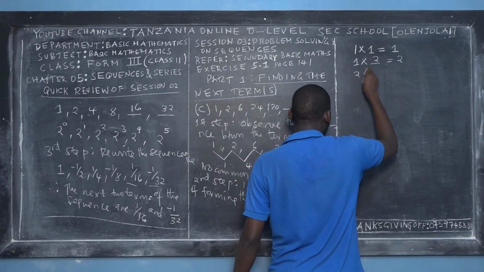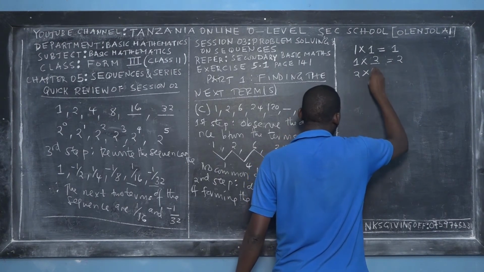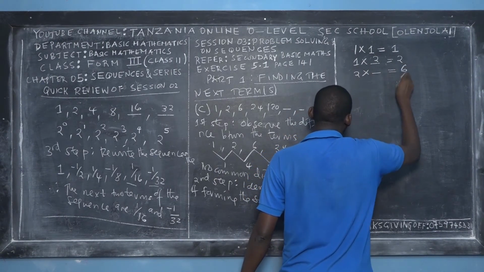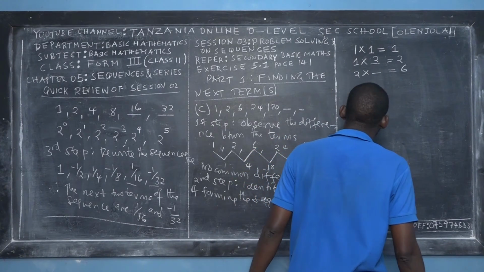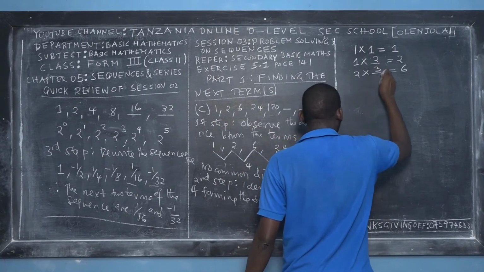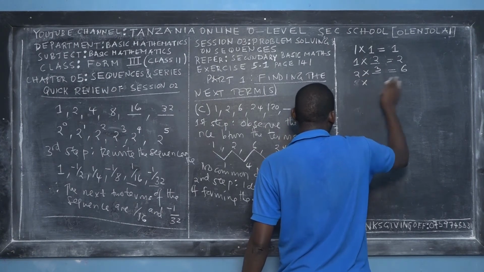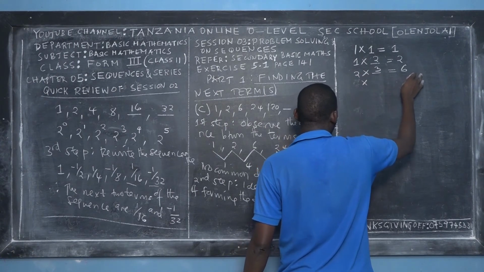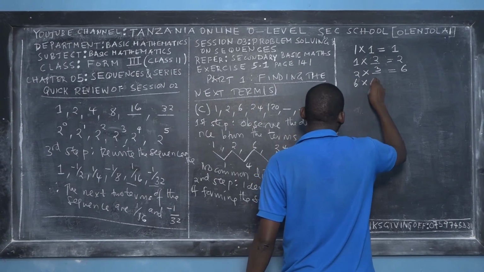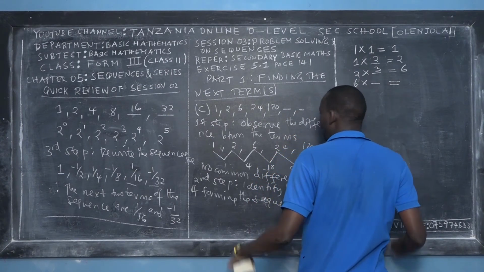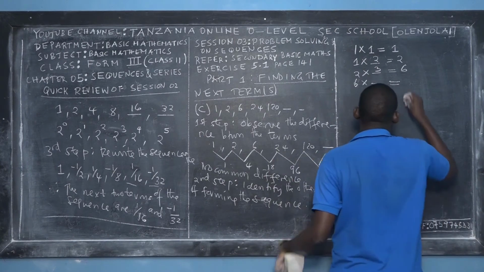Then we take the second term, and think, what number should we multiply with in order to get 6? The answer is 3. So we are forming the pattern, right? And then we take the third term, which is 6. What number should we multiply with in order to get the fourth term, which is 24?